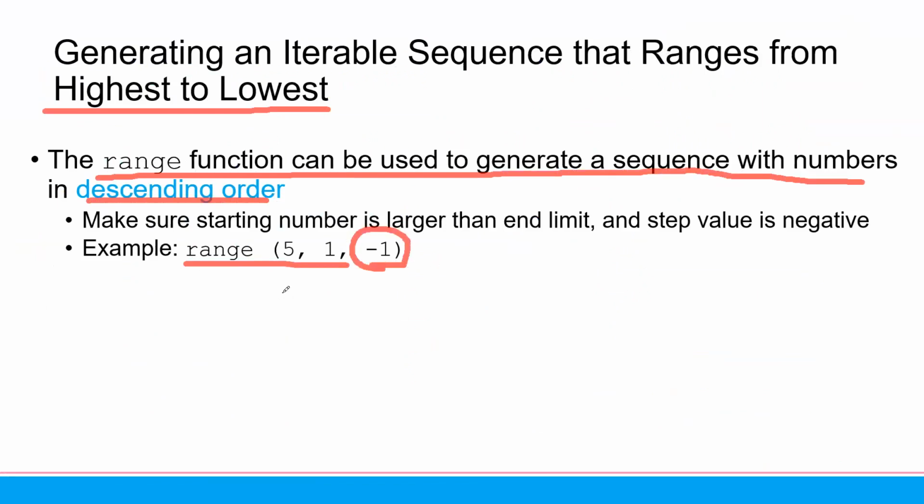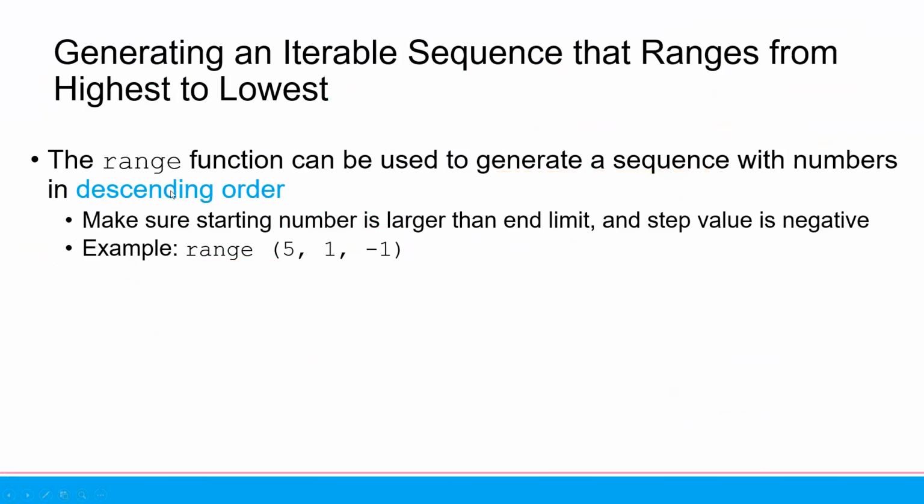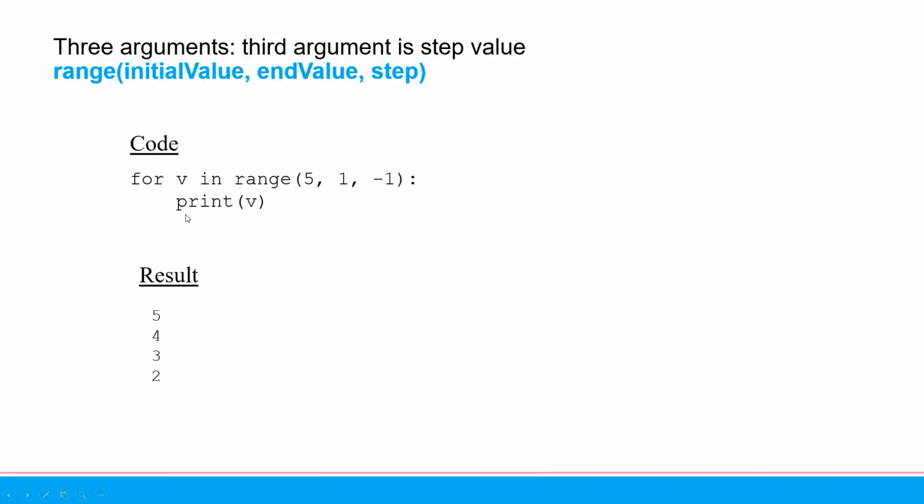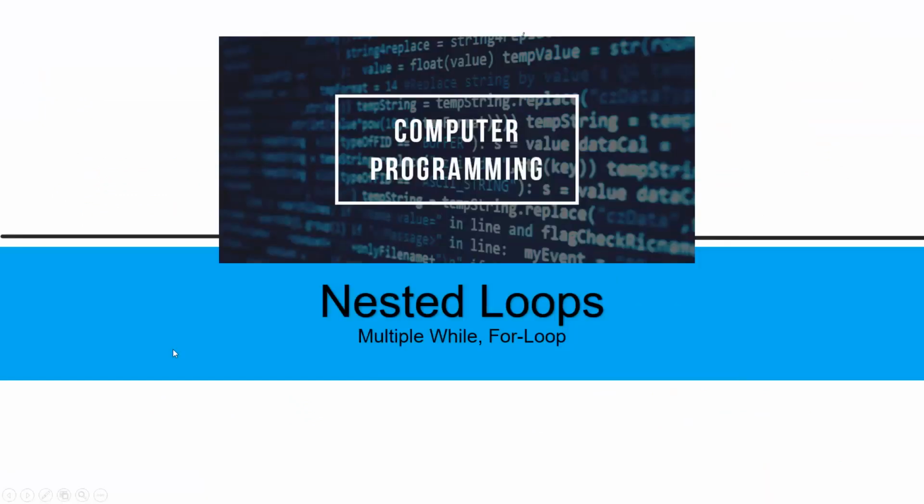So this will be 5, 4, 3, 2. So for v in range 5, 1, minus 1, print v. So we will do the decrement.